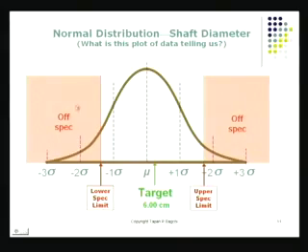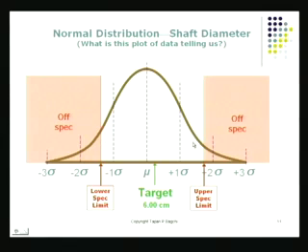But if I end up with a lot of parts which turn out in the red area, either off spec because it's too tight, or too loose and therefore again off spec, and these are a large share of our production, we've lost that much money because we cannot sell or use those parts. The only parts that we can use are those that are within specification. So what we would like to do is, first of all, have the output average exactly on target, neither to the left nor to the right.